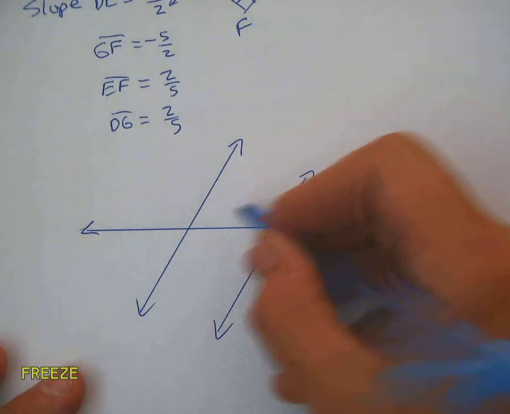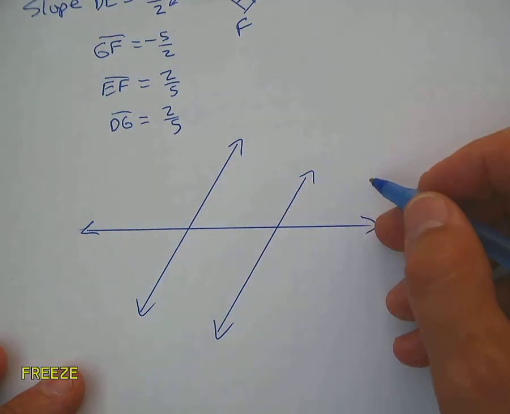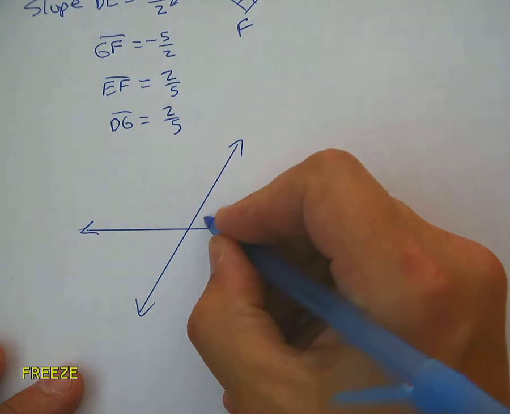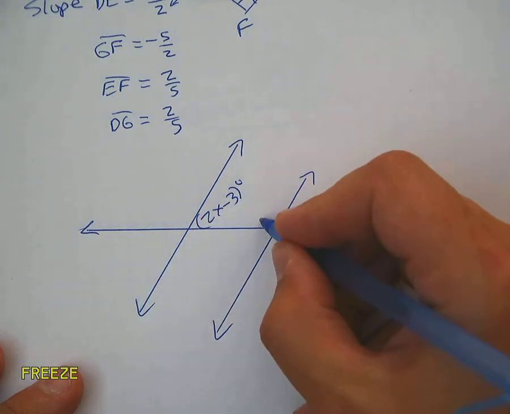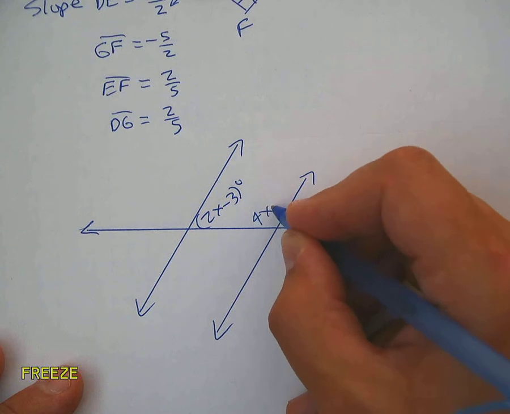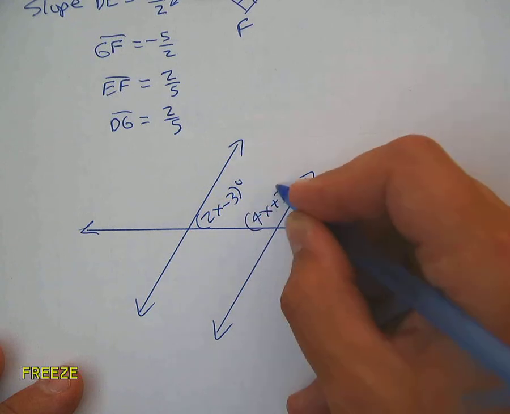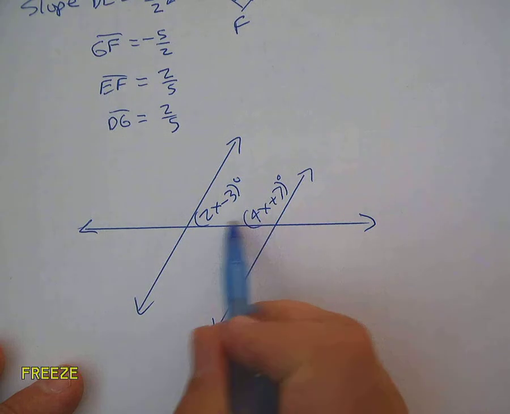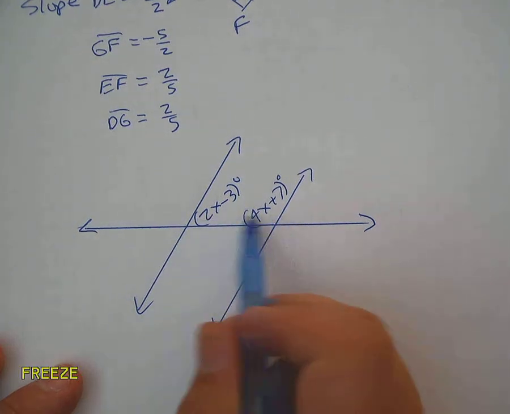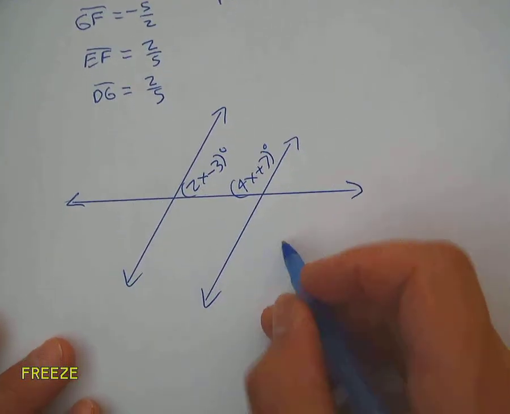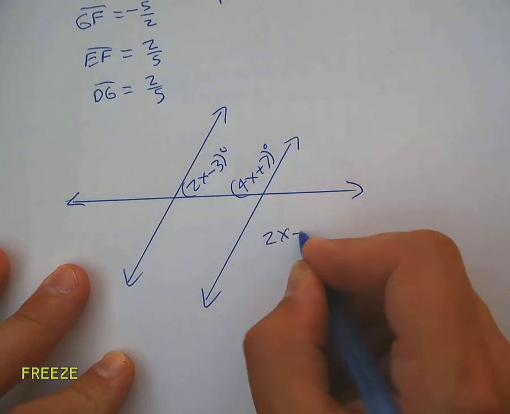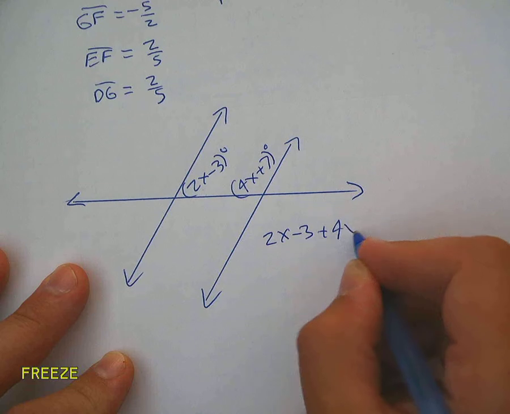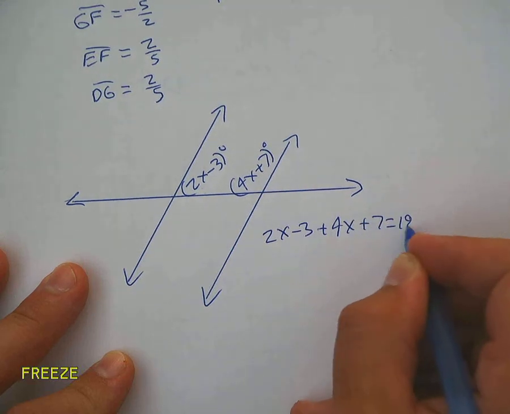So let's say we have 2 angles right here. Let's say this is 2x plus 3 degrees, and this is 4x plus 7 degrees. Well, I know that these two types of angles are consecutive interior angles, so they add up to 180. So I could take 2x plus 3 plus 4x plus 7 equals 180.